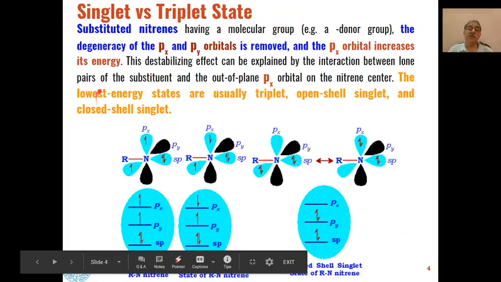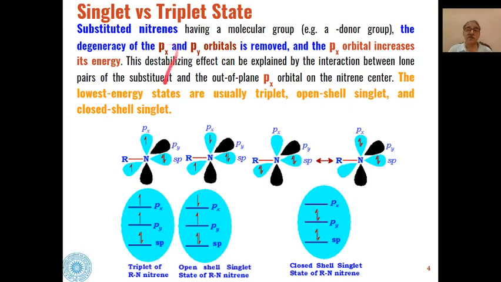Now if we replace the hydrogen by some other molecular group, then it will become NR, and when we replace hydrogen by some molecular group, any alpha donor group, then the degeneracy of the px and py orbitals is removed.